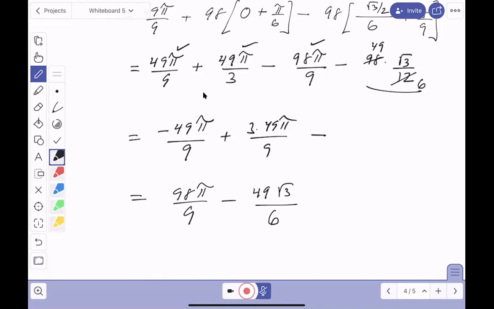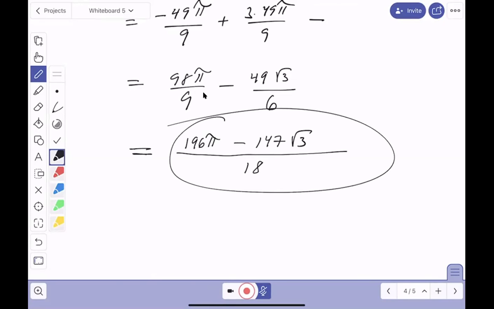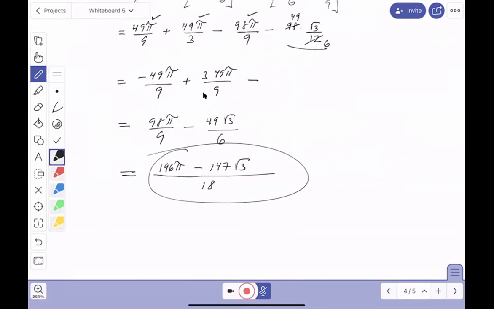I got to make sure I didn't make any mistakes there. All right, I think I did it right. Let's keep going. It'd be a miracle if I didn't make a mistake, I'll be honest with you. 18, common denominator. 2 times 98, 196. 3 times 49, that's 147.